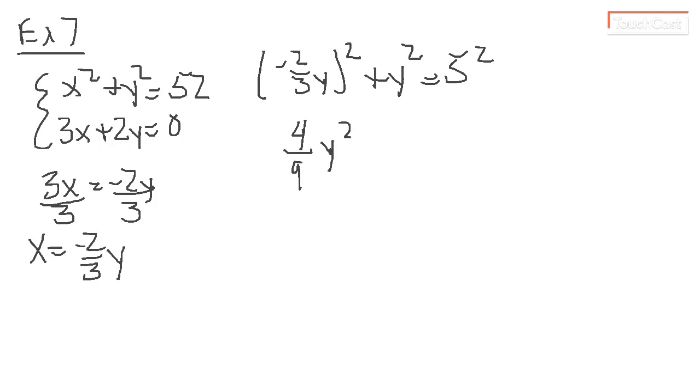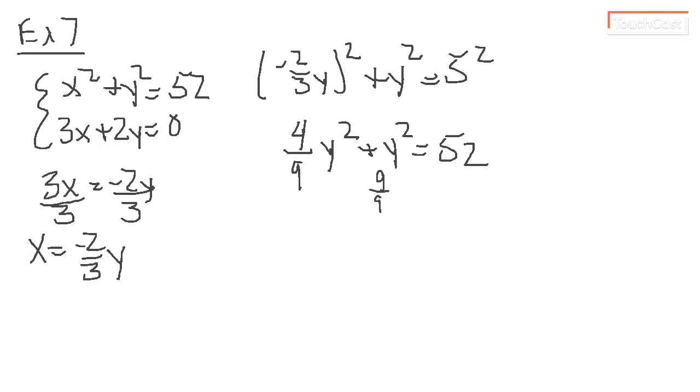4/9 y squared plus y squared equals 52. Now, we're going to combine the 4/9 and the 1 with the y squareds. We can think about this as the second y squared is 9 over 9 y squared.